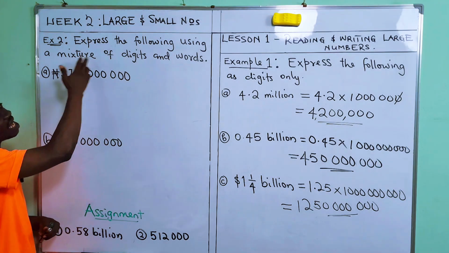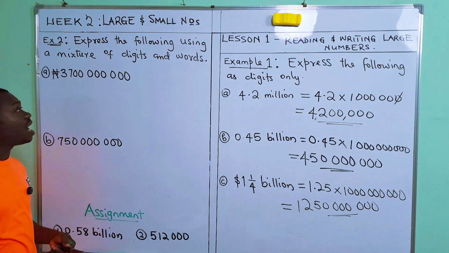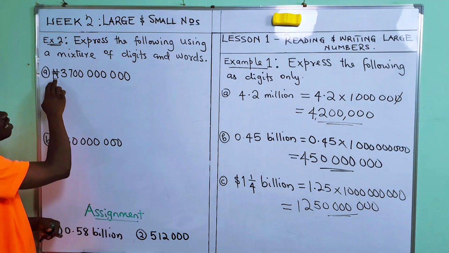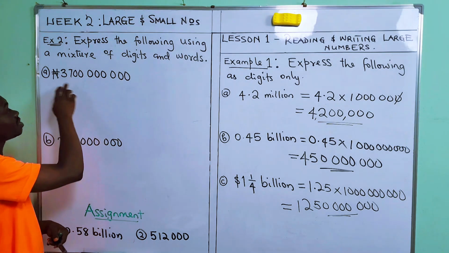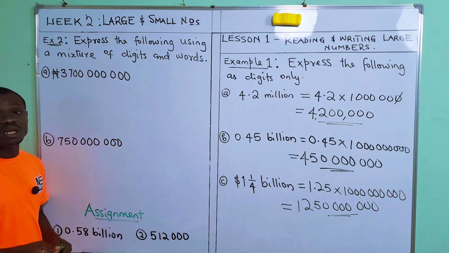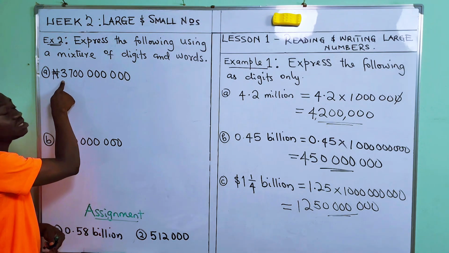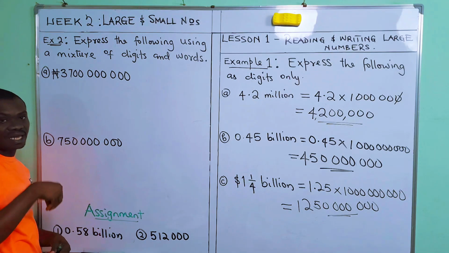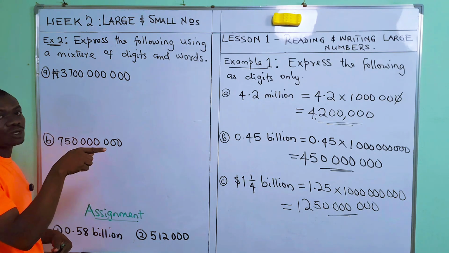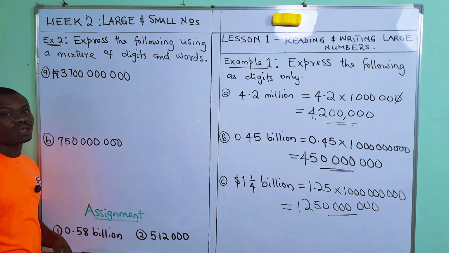So here you're asked to express the numbers as mixtures of digits and words. Remember how I told you we should do it? Once you read your numbers, like here, this is 3,700,000,000. If the first digit is unit or tens, then you put them together, put your point, and then write any other significant figures, and then put whatever you have left.